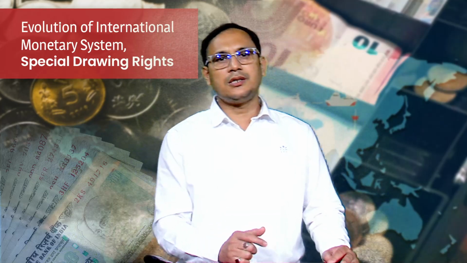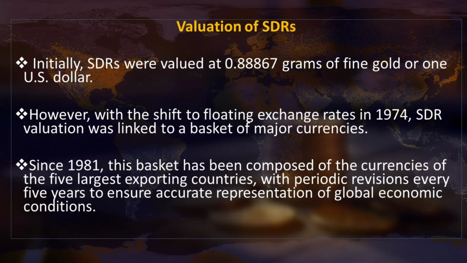How can we value the SDR? If you see the evolution of SDR, initially SDRs were valued at 0.88867 grams of fine gold or $1 US. However, with the shift to floating exchange rates in 1974, SDR valuation was linked to a basket of major currencies.